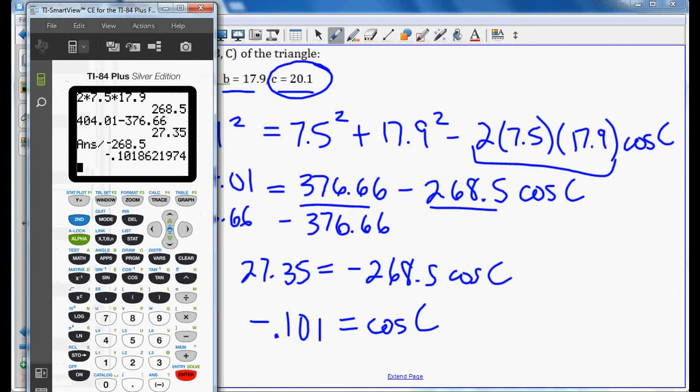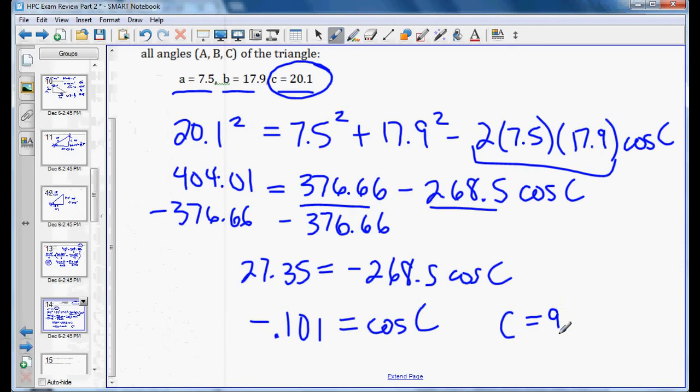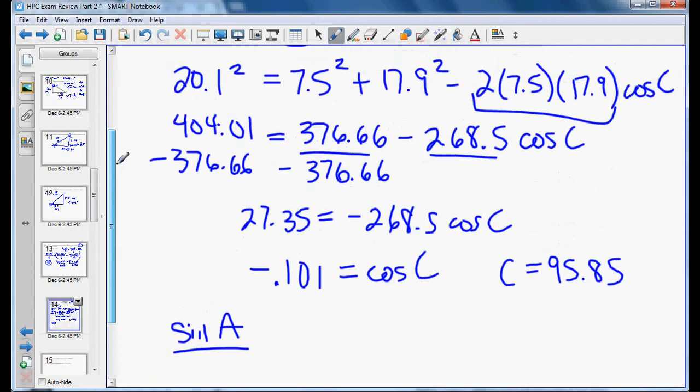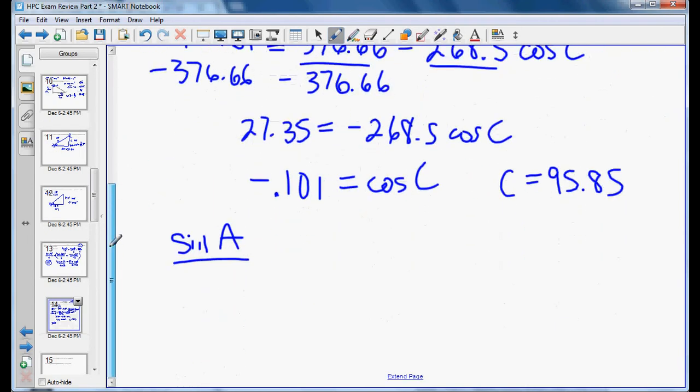Alright, so we have one of the angles and it is the biggest. Once we do that, we need to switch over to the law of sines. So we'll do sine of angle A, which we don't know, over side A, which is 7.5. Then the sine of angle B, which we don't know, over side B, which is 17.9, equals the sine of 95.85 over side C, which is 20.1.